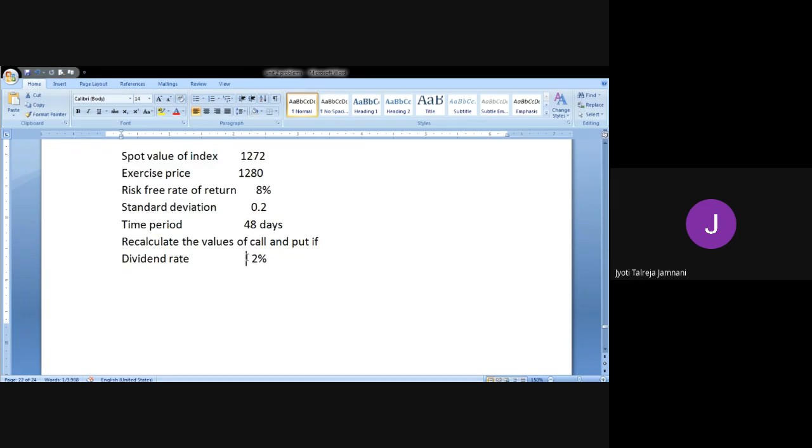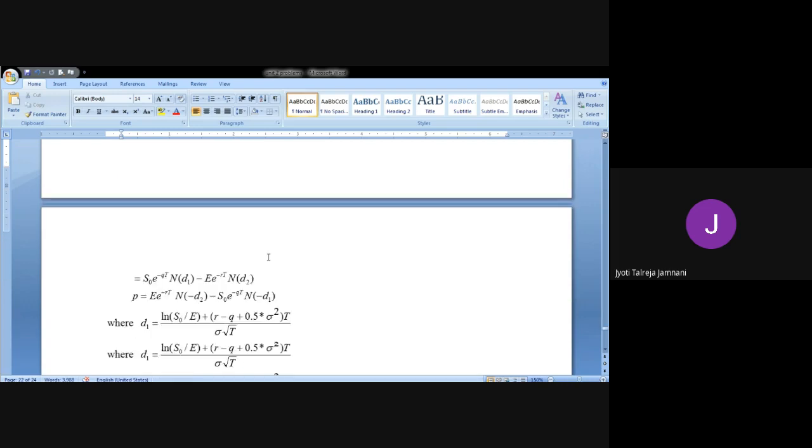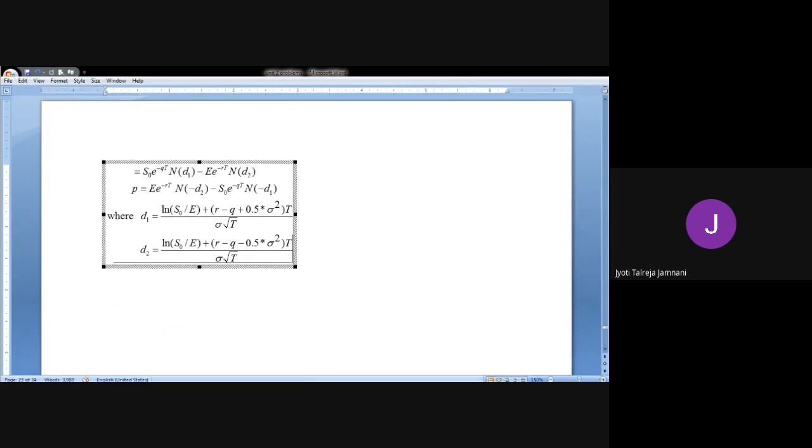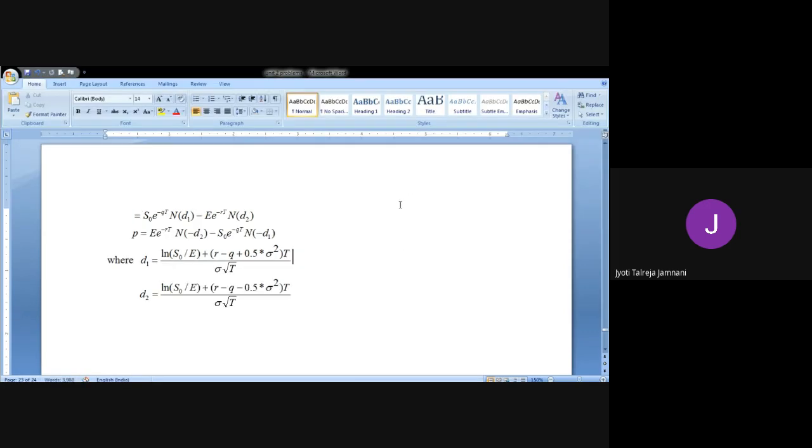Okay, so here they've given dividend 2%. So the formula, all of you listen to me carefully. The formula has not changed majorly. Only thing is here we used to do R plus Q. I'm trying to highlight it, but not able to edit it, but just check this part I'm trying to say.